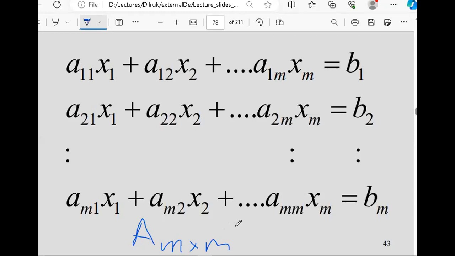And this is a vector consisting of all the unknowns: x1, x2, up to xn. If you define this product, make sure the inner dimensions match. So this is a row vector times a column vector consisting of x1, x2, up to xn.